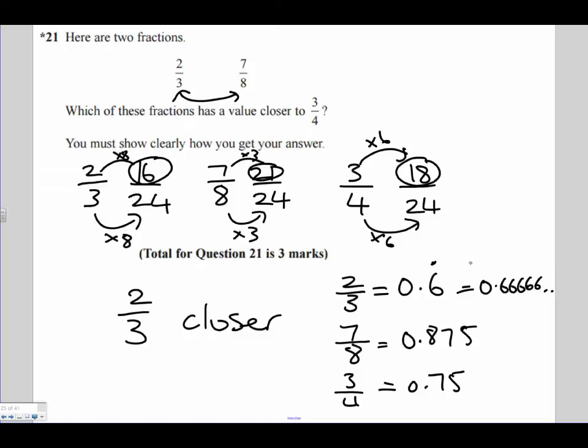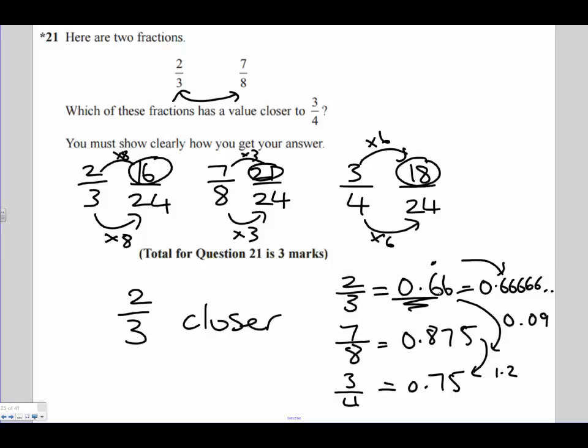Now, some of you who didn't realise that this was recurring thought that 7/8 was closer because it was 0.125 away. Now, if you have the 0.66 and compare it to 0.75, then it's 0.09. So this one is actually closer.